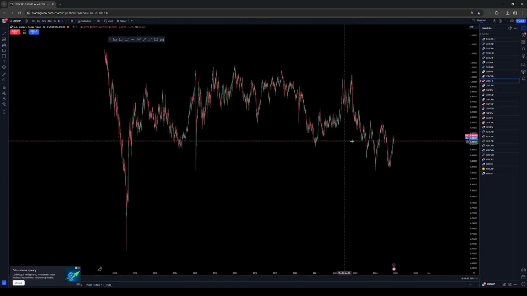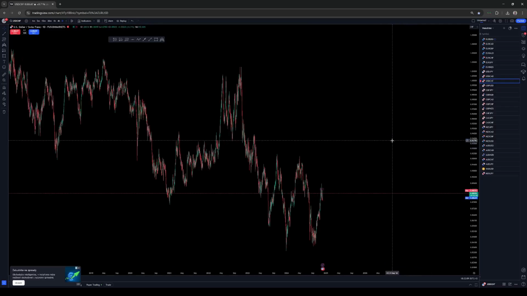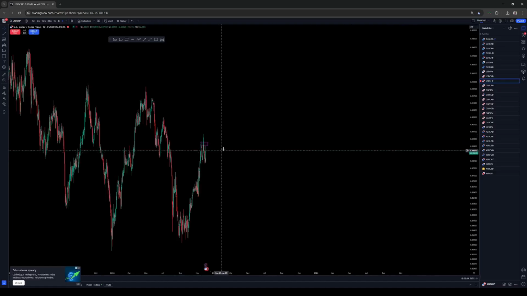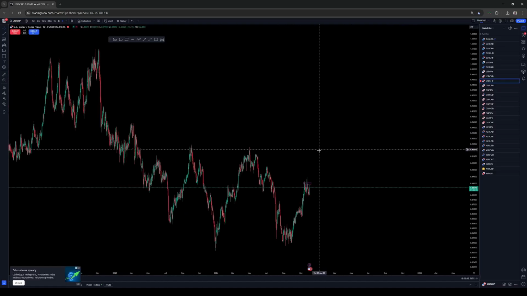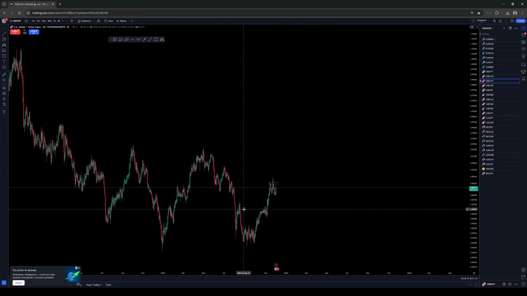There is also a range, but we were breaking out of this range and now heading back, maybe just to retest these previous lows. And now we might actually get lower for another move. So we are in a downtrend.